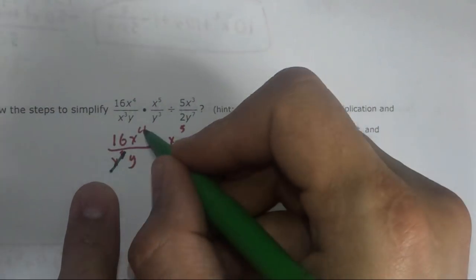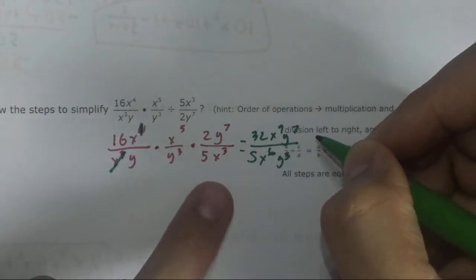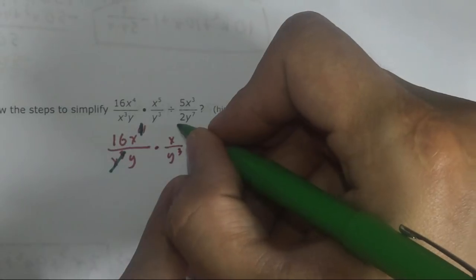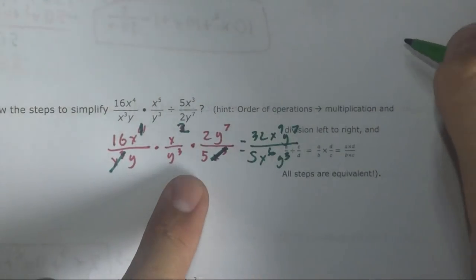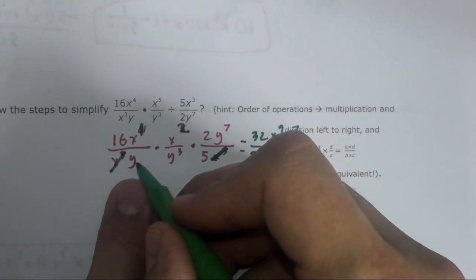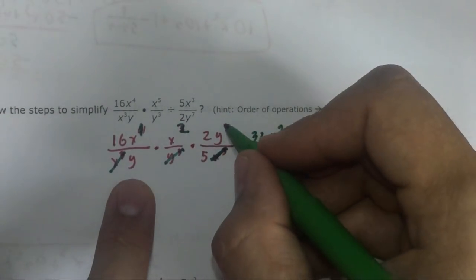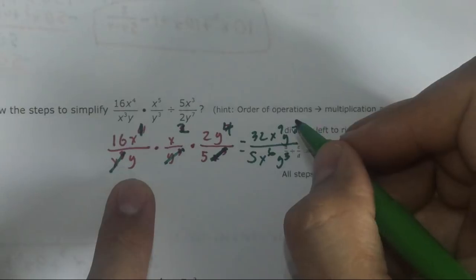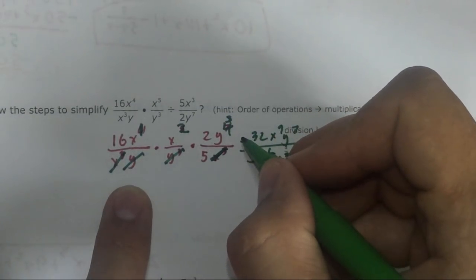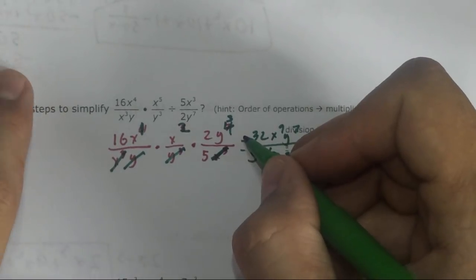So if I cancel this, left with the 1 there, x to the third here, I take 3 from this and end up with 2. Then I can cancel y's. I can take 3 from this, that'll make that 4. I can take 1 more and make that a 3.